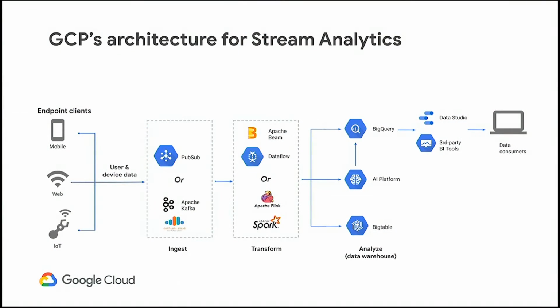So let's get started. Let's look at the architecture of a stream analytics solution in GCP. And before I continue with the architecture, let me define what stream analytics means for me. There are two words here that are important: stream analytics. So it's a continuous ingestion and output of results. This is the streaming portion. Continuous is important.